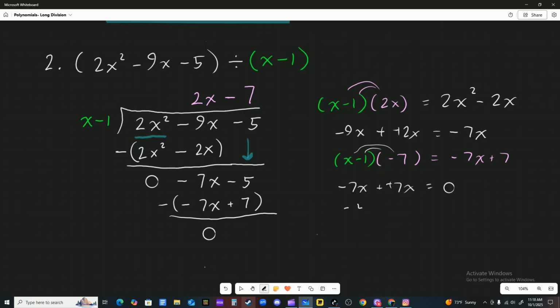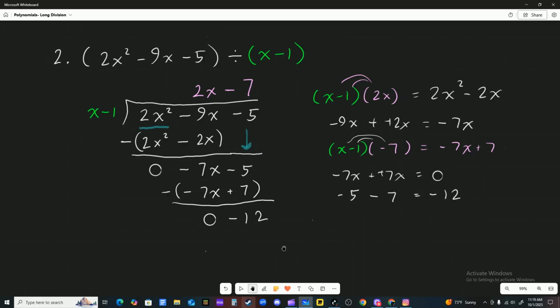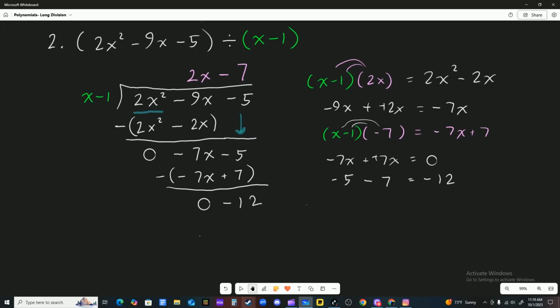Now we have minus 5 minus 7. And we get minus 12. We have nothing else to drop down. We are now finished. So our new polynomial is going to be the following. Whatever our quotient was on top, so 2x minus 7.